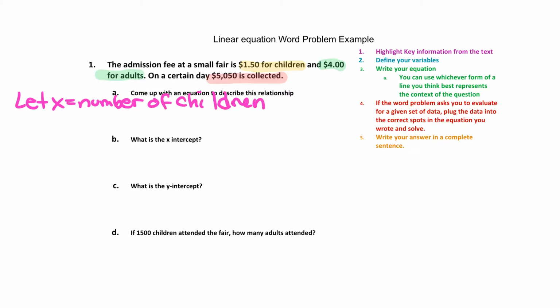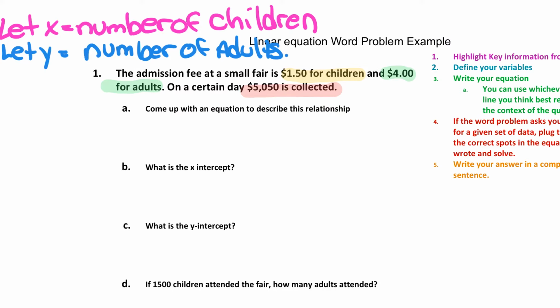And then my y variable is let y equal number of adults. I just moved my defining of my variables up top so that we can have room to write our equation.